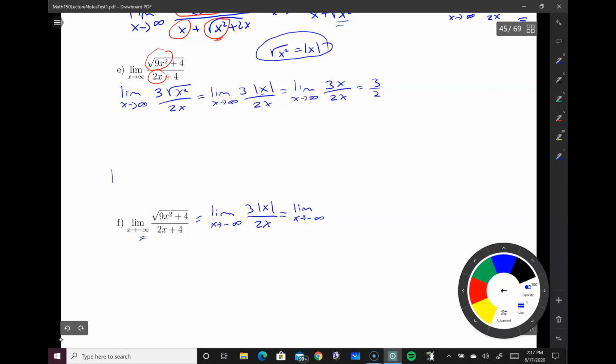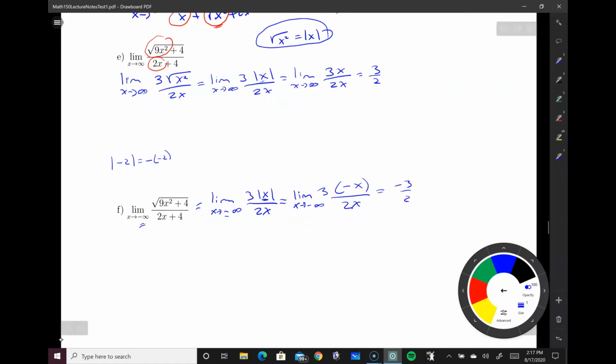So remember, the way the absolute value works is it takes the opposite of a negative number. That's how it makes it positive. So these will be negative numbers in here because I'm going towards negative infinity. So I'm going to replace the absolute value of x with negative x because that's what makes it positive. So now I can cancel the x's, so I get negative 3 halves. That's tricky.